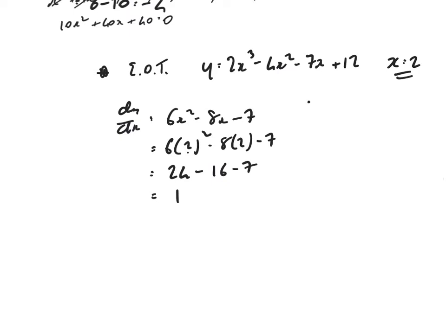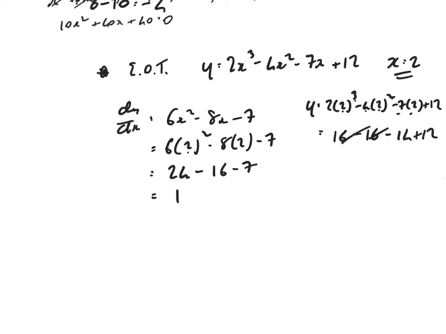I'm now going to find the y coordinate by subbing x back into y, so that's 2 lots of 2 cubed minus 4 lots of 2 squared minus 7 lots of 2 plus 12. 2 cubed is 8 times 2 is 16, 2 squared is 4 times 4 is 16, minus 14 plus 12, and that will give me minus 2. So my point of contact then is (2, minus 2), and the gradient is equal to 1.